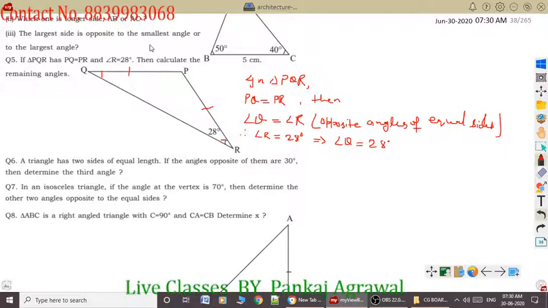Now what is the remaining angle? Angle P also you have to find. So angle P, now you can write in triangle PQR, angle P plus angle Q plus angle R equal to 180 degrees.